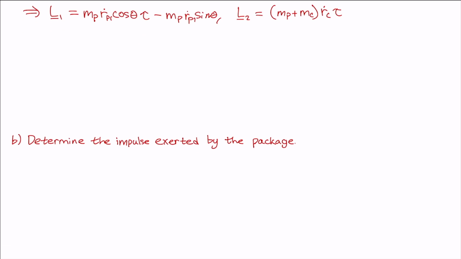So if we set these equal to each other, we're going to have m_P r_P1 dot cosine theta I minus m_P r_P1 dot sine theta J is equal to (m_P plus m_C) r_C dot in the I direction plus 0 J. We're going to come back and talk about that 0 J in a moment.